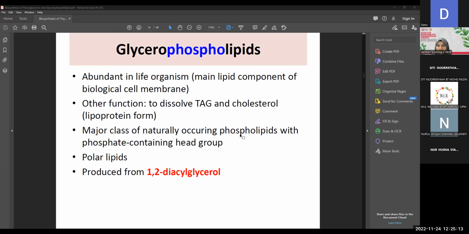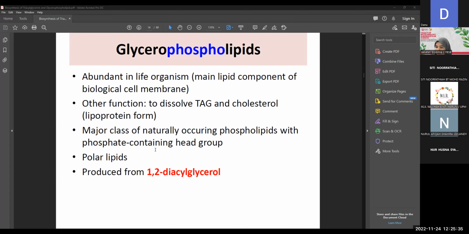It is the major class of naturally occurring phospholipid with a phosphate-containing head group. Glycerophospholipid is a polar lipid, but it doesn't break the characteristic of lipid. Because of the phosphate group, it becomes a polar lipid.